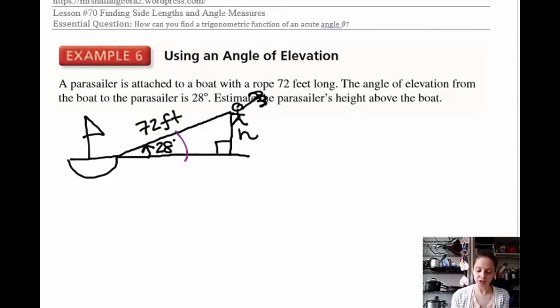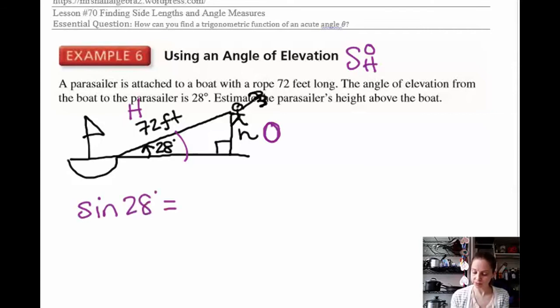So my reference angle is 28. Can I identify my two sides? I am looking for the side opposite the 28-degree angle, and I'm given the hypotenuse. SOHCAHTOA, some old horse. I can stop there. This is sine. The sine of 28 degrees equals the opposite, h, over the hypotenuse 72.